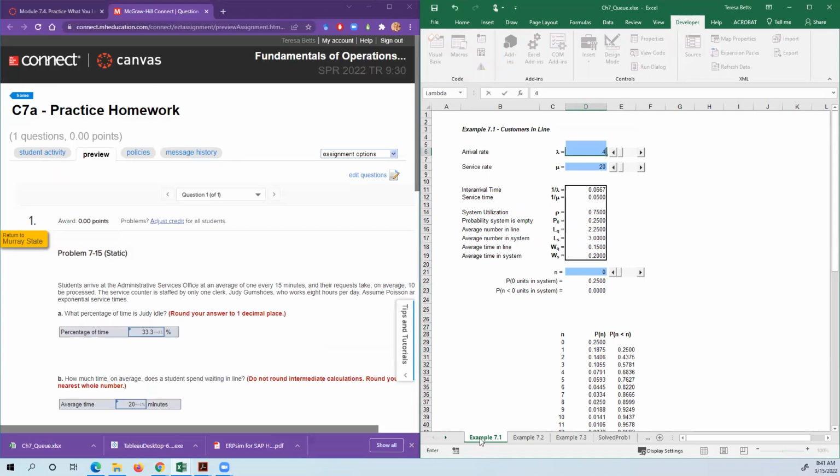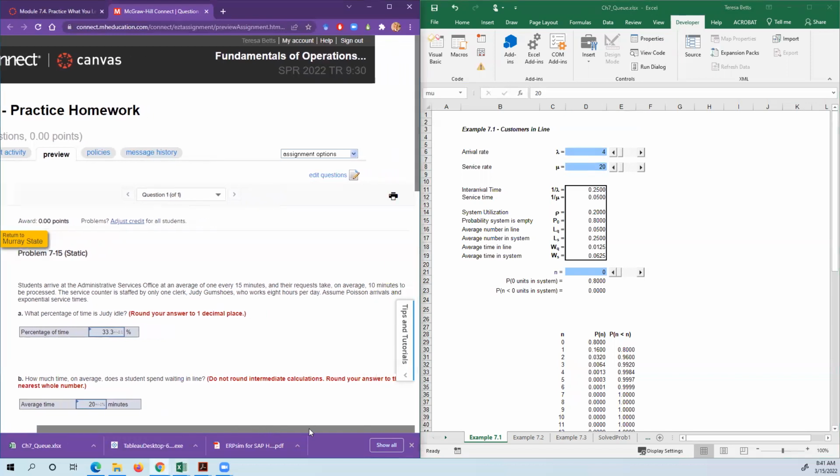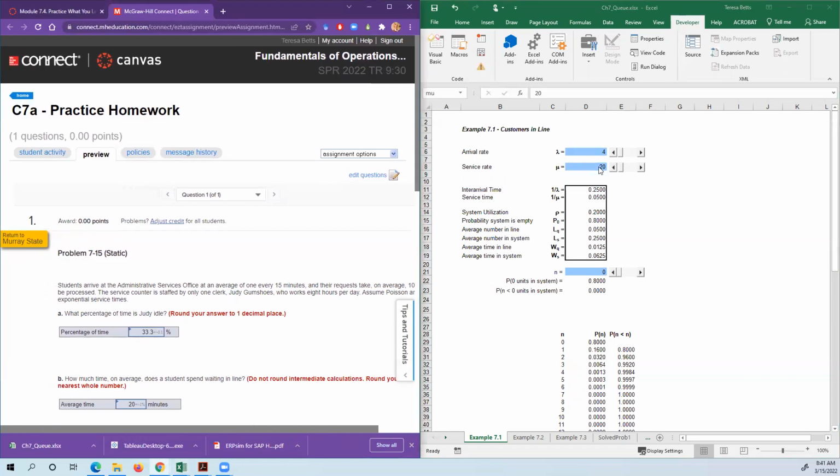And I'm just using this example so we can look at how this changes what our statistics actually are. So then the average service time is 10 minutes to be processed, which means that I can process 6 in an hour.